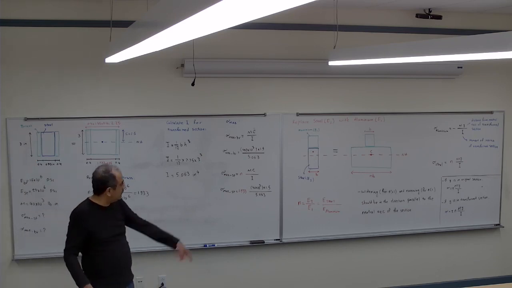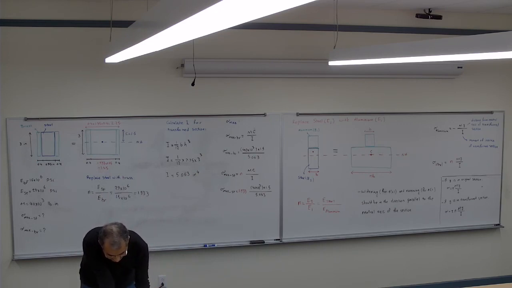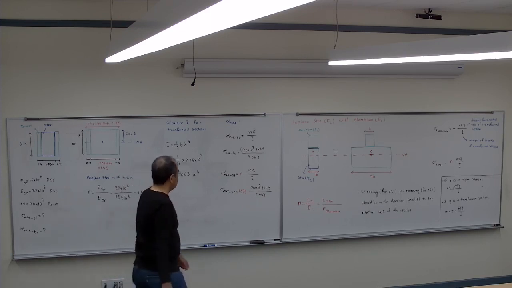But if it looks like this, where each material covers only part of the height, usually it's more complicated. So let's look at another example.